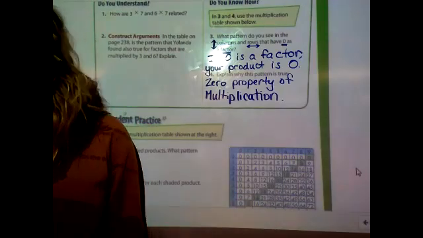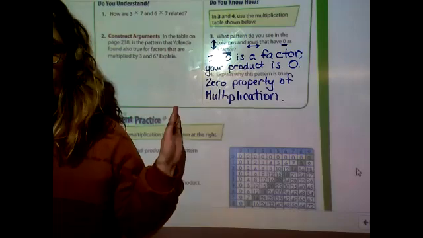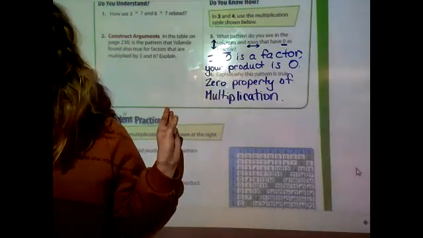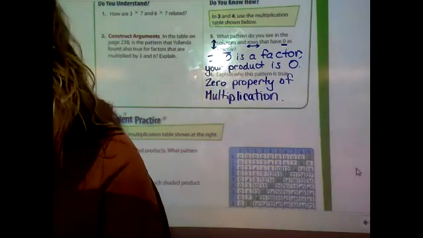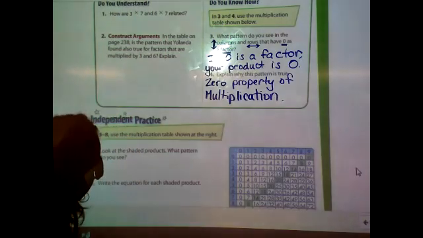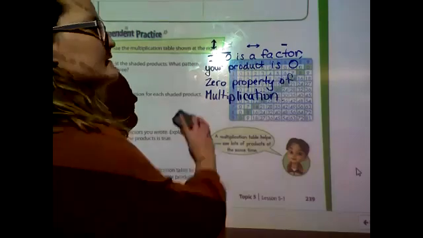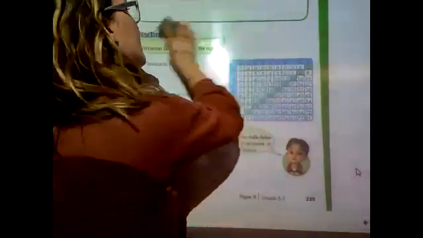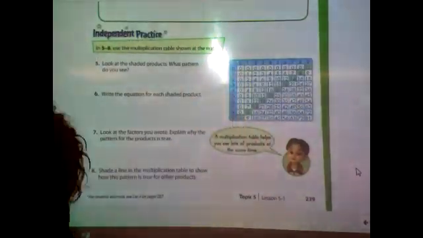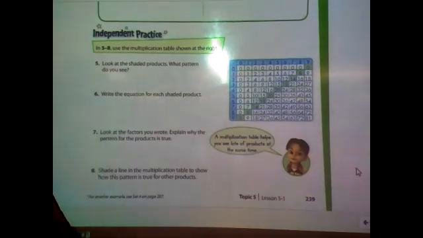Okay. You can pause this video if you need to catch up writing this down. Otherwise, you can move on with me and do this bottom. We'll just chat about this bottom portion of this page on page 239. So this is meant to be your independent practice.